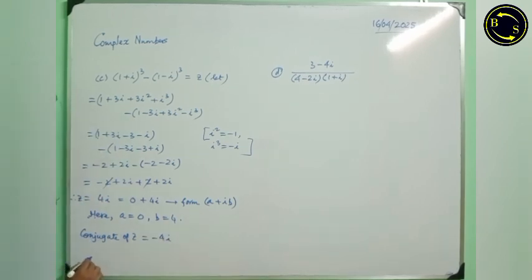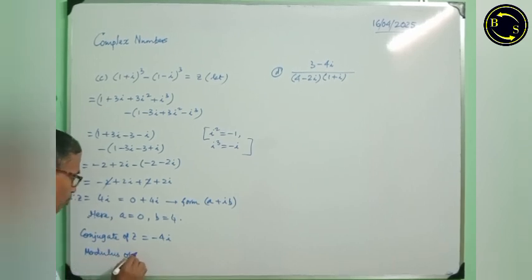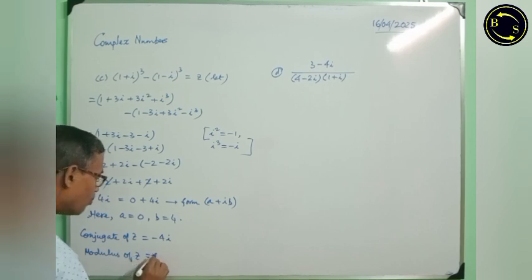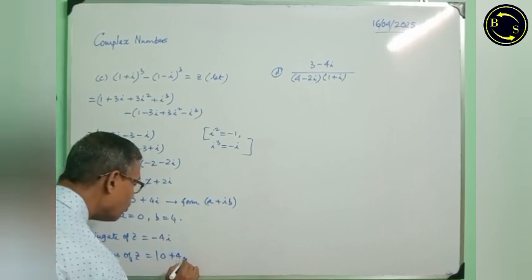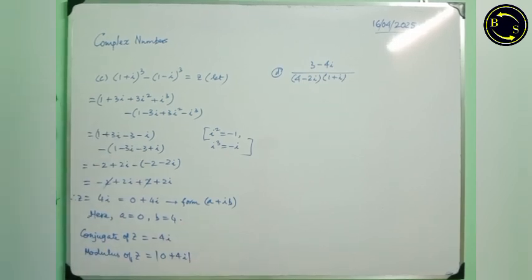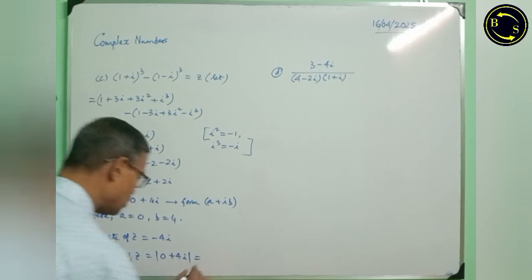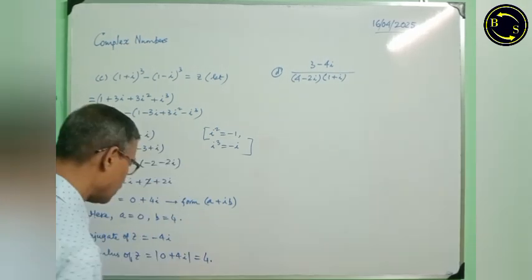Then modulus, that is equal to root over 0 square plus 4 square, that means modulus will be 4.